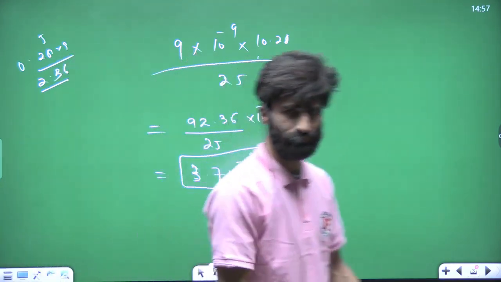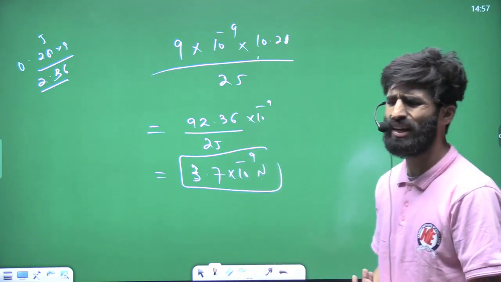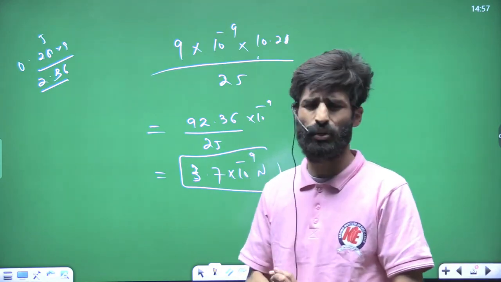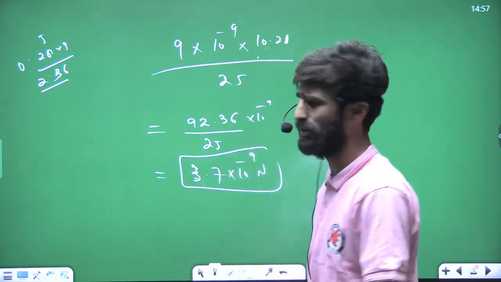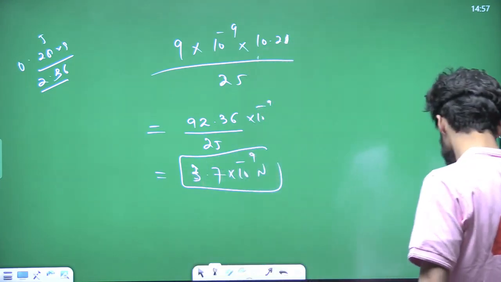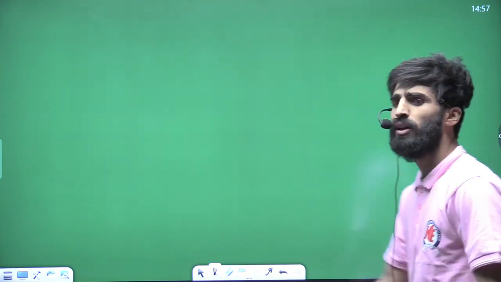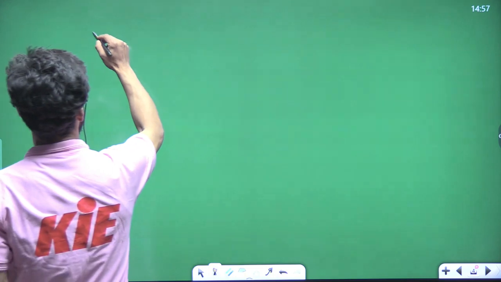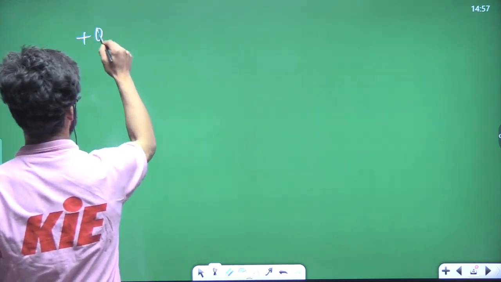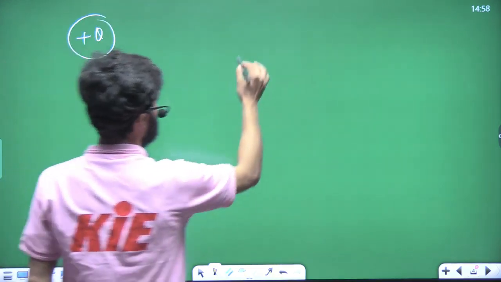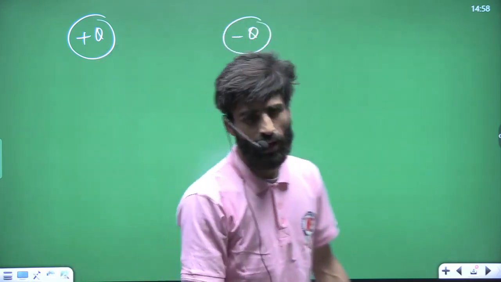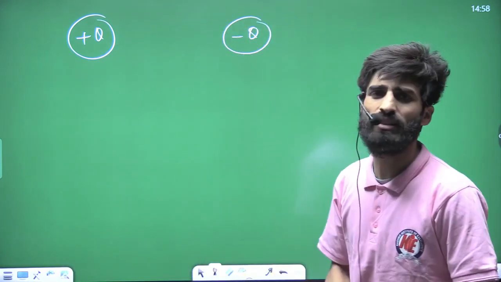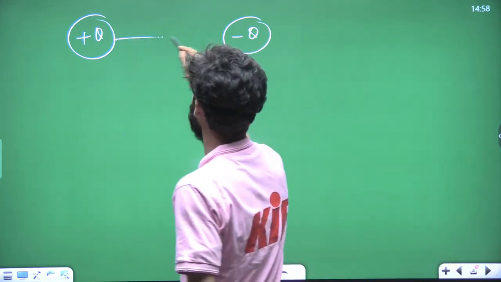This is your answer. So whenever you want to calculate the Coulomb force between two point charges, you can easily calculate it. Now the next question. We have two charged particles. One is plus Q and the second is minus Q, and these charges are separated by a distance of r.